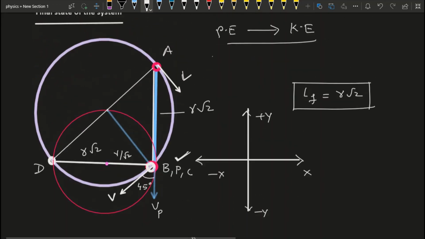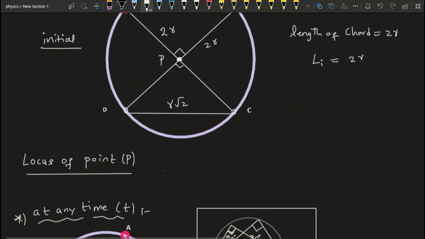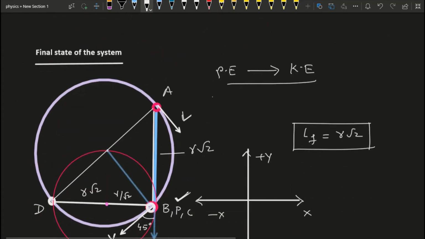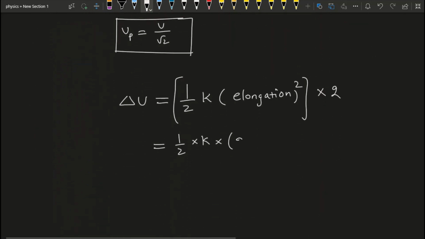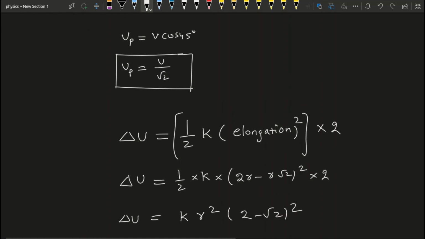We know the initial length of the chord is 2r, and the final length of the chord is r root 2. So you can simply write half k into 2r minus r root 2 whole square into 2. This is the change in potential energy. So 2 can be cancelled, and you can take r common. So k r square into 2 minus square root 2 whole square is the change in potential energy of this system.